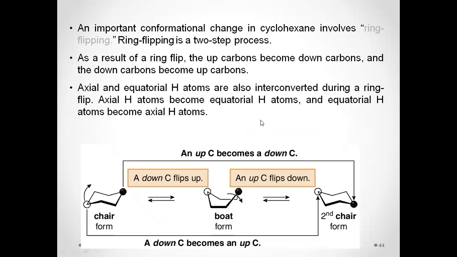An important conformational change in cyclohexane involves ring flipping. Ring flipping is a two-step process. First, it converts into the boat form, then it undergoes a flip. In flipping, the axial hydrogens convert into equatorial and equatorial convert into axial, and an up carbon becomes a down carbon.